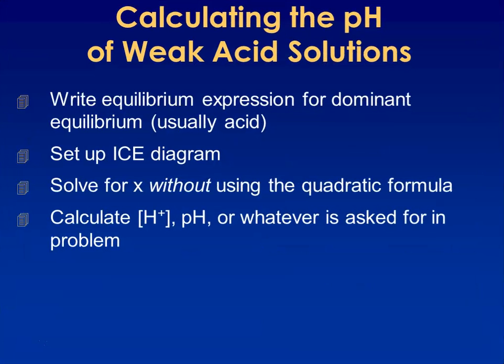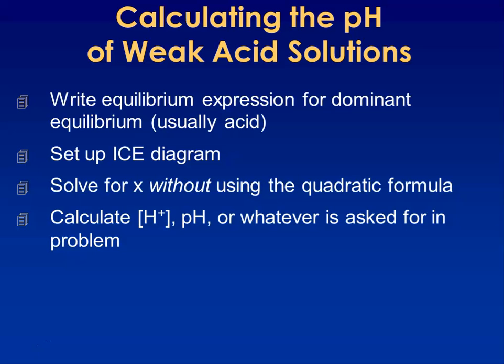So when you're setting up these pH problems involving weak acids, you want to write an equilibrium expression for the dominant equilibrium, which 99% of the time is going to be the acid. You hopefully are going to get to a point where you're not going to need to set up these ICE charts so much, but for right now, you're probably going to want to.